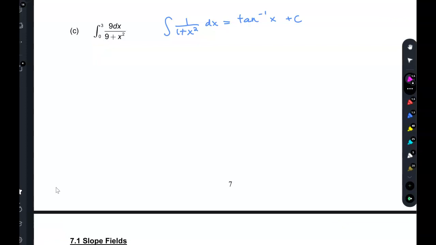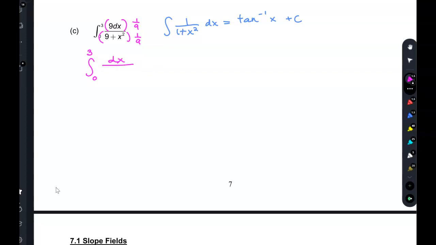So I want to make that into a 1, so I'm going to multiply the top and the bottom by 1/9, or you can divide the top and bottom by 9, it's the same thing. So what do we end up with? Well, we have from 0 to 3, 1/9 times 9 on the top will just give us dx, or 1 dx.